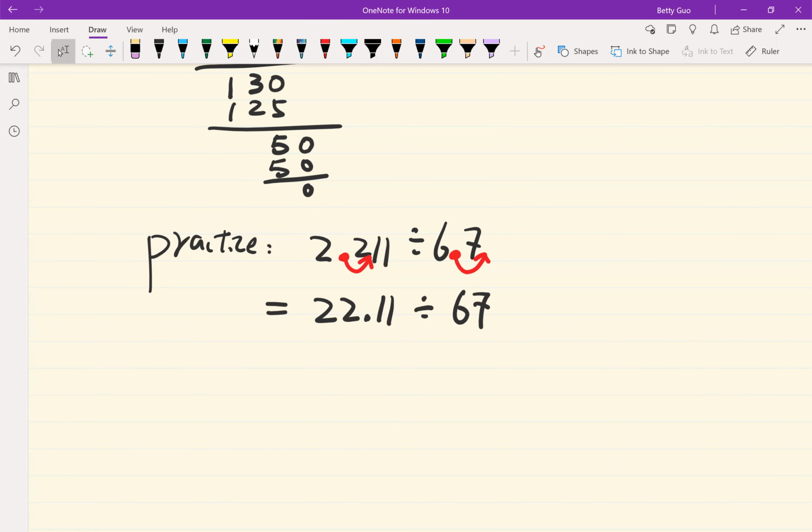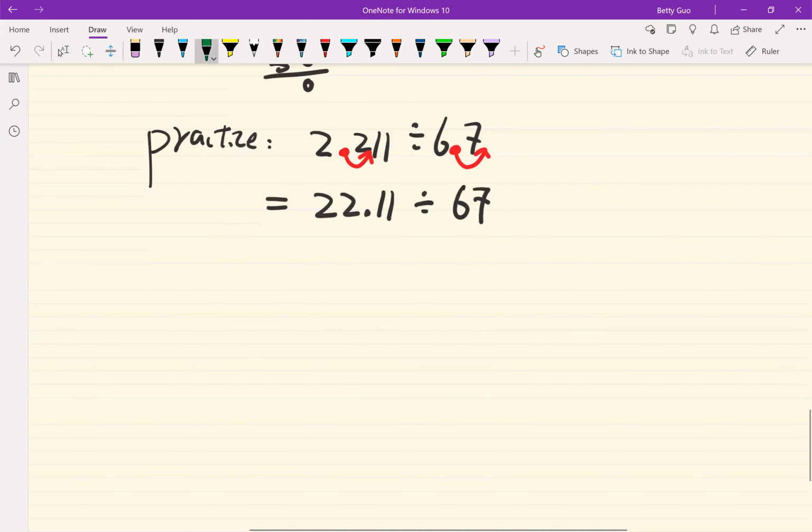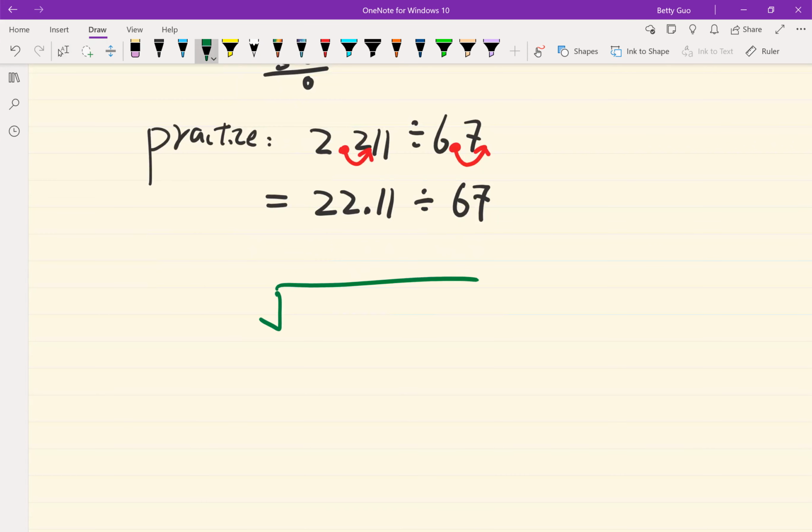In long division, you put the dividend under the division symbol and the divisor to the left of the division symbol. We can see 67. Could the 67 go into 2? Of course not. Could the 67 go into 22?